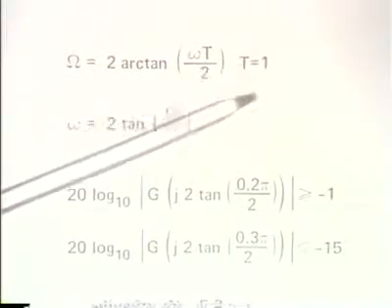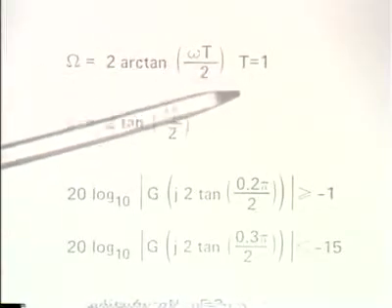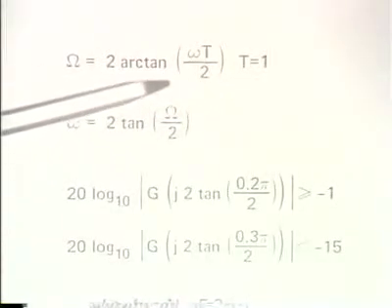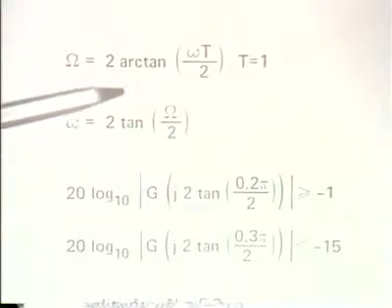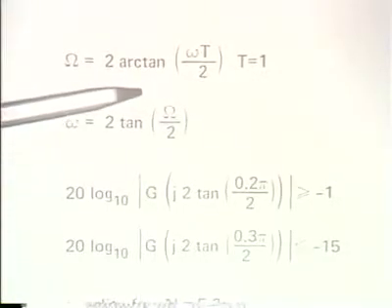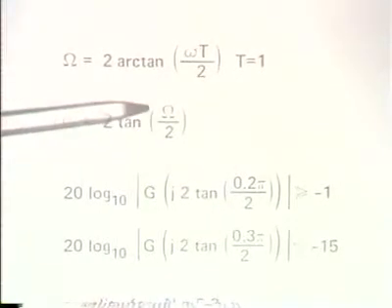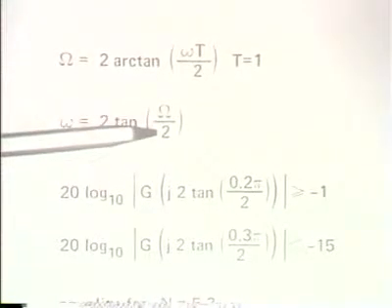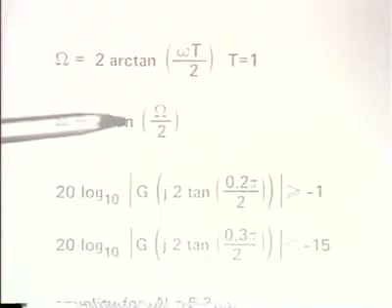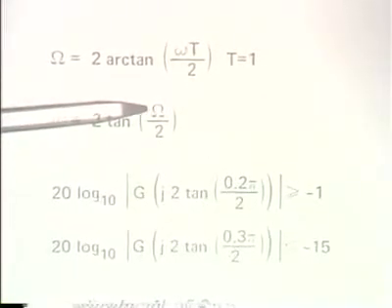So we're going to pick capital T equal to unity. And that means then that the corresponding critical frequencies of the continuous time filter are at twice the tangent of 0.2 pi over 2 and twice the tangent of 0.3 pi over 2.